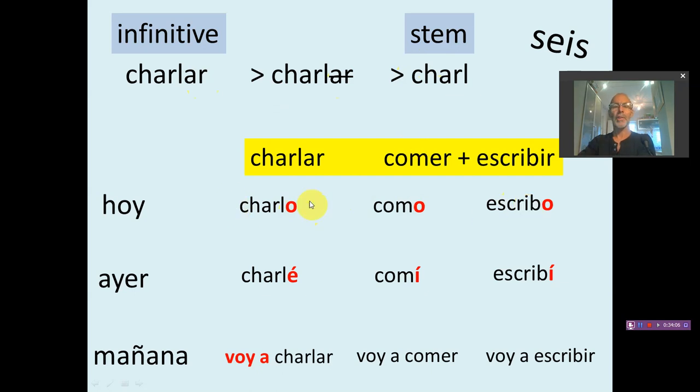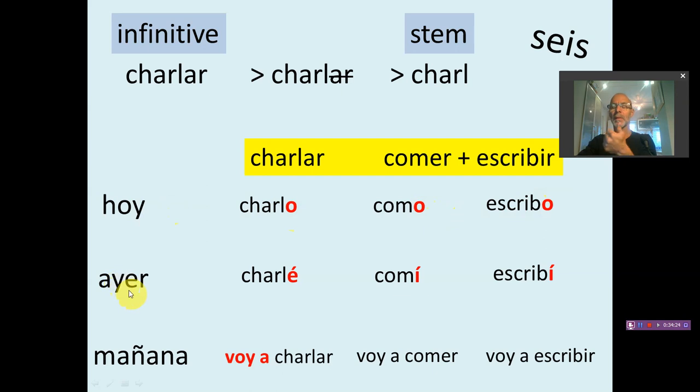So charlo, I chat, or I am chatting, it can mean both of those things. Como, I eat, or I am eating. Escribo, I write, I am writing. That is your present tense forms. Okay.